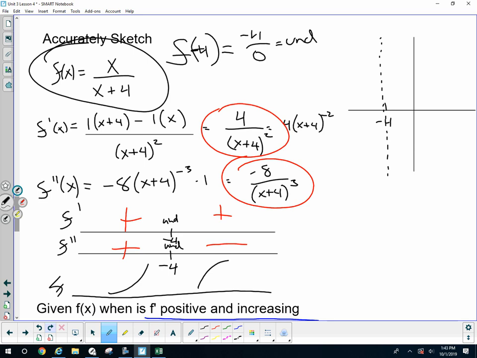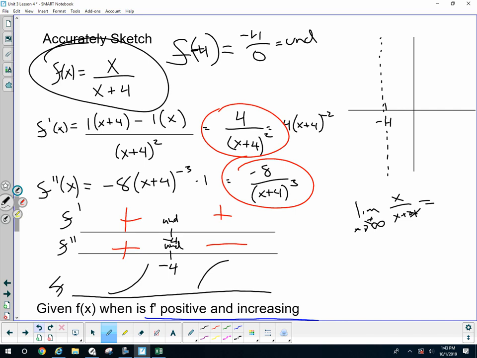I could go further. I don't know that I'm coming from -infinity and going up to positive infinity before this vertical asymptote. I could actually look at the limit as x approaches infinity of x over x plus 4, as well as -infinity, to see what's going on all the way over to the right, and all the way over to the left.